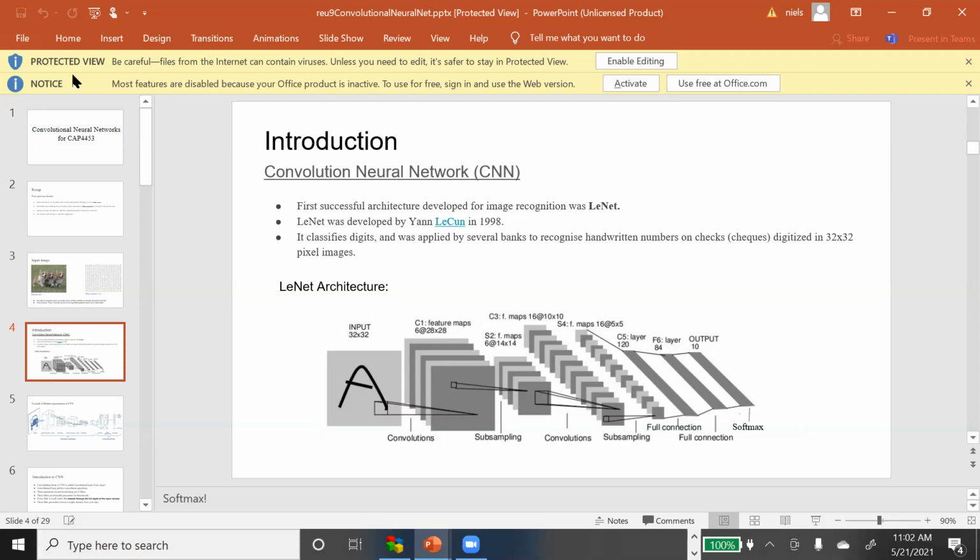Actually, it's worse than that. It's 16 different 5 by 5s, but it's actually not just 5 by 5. Because if you did it that way, 16 different 5 by 5s, then how would you apply them to the 6 by 14 by 14, right?